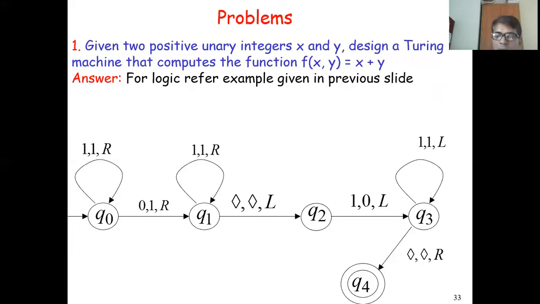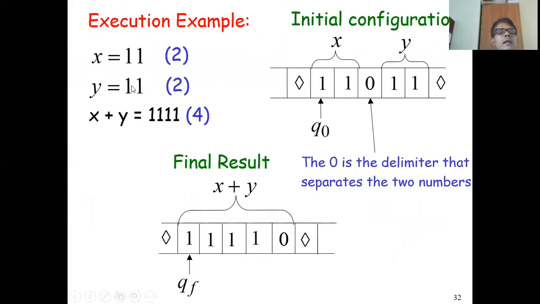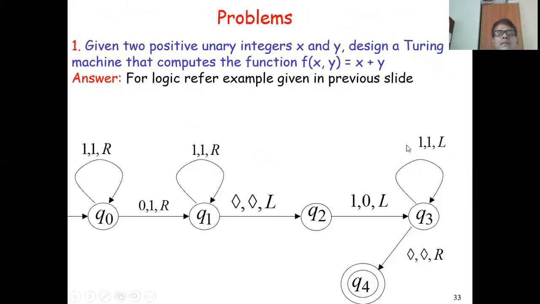If you refer to the previous example, in this example, if you consider x equal to 1, 1 and y equal to 1, 1, the Turing machine will read 1 and replace 1 by 1 and move right. When it reads 0, it will replace 0 by 1 and move right. When it reads blank, it will replace blank by blank and move left.